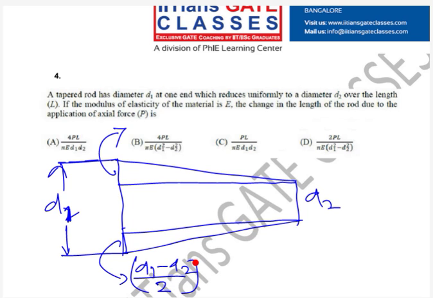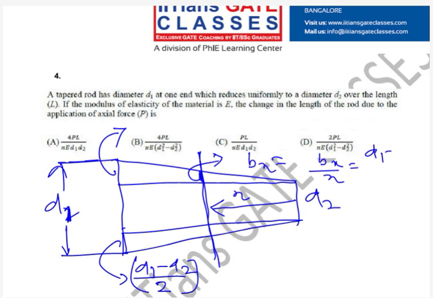Now at any section, suppose I am coming from this side, what will be this length? Suppose it is some length bx. So what will be bx? bx by x is equal to d1 minus d2 by 2L.